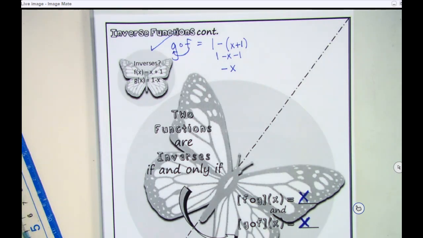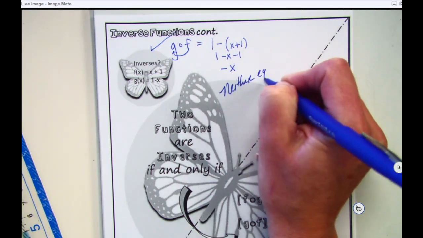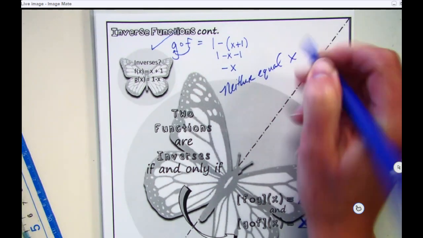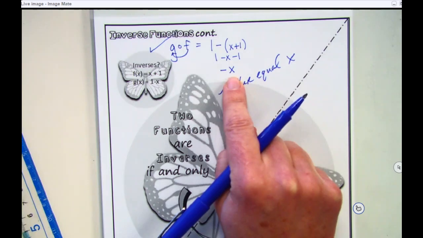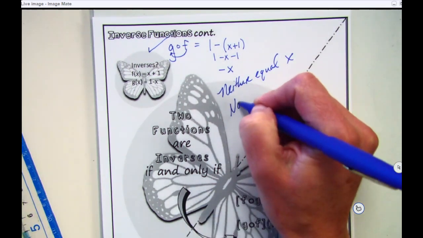Okay. So did either one of them equal x? Neither equals x. And if this is my homework, can I get negative x right there and stop? I know they're not going to be inverses, and I can click they're not inverses. So they are not inverses.